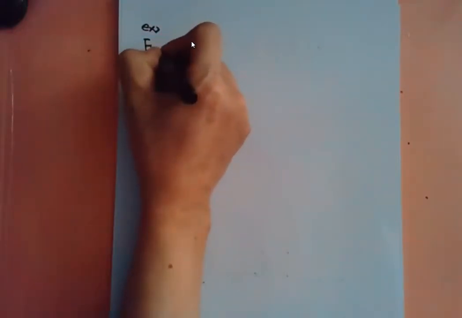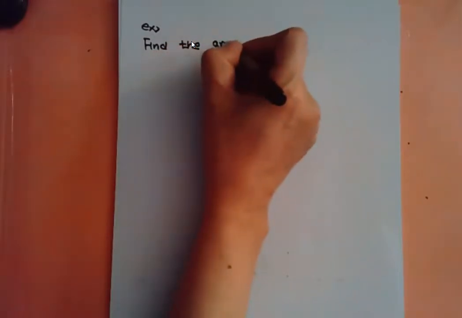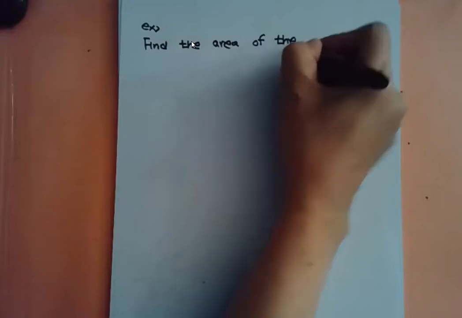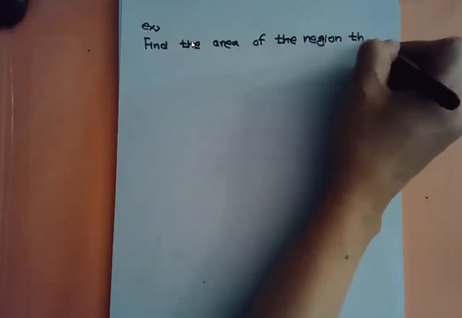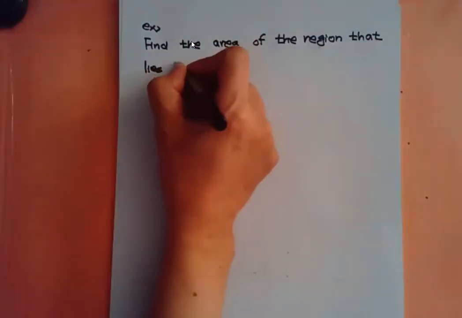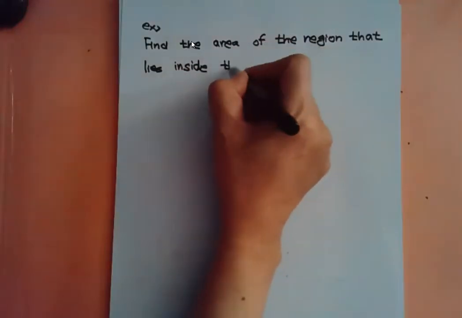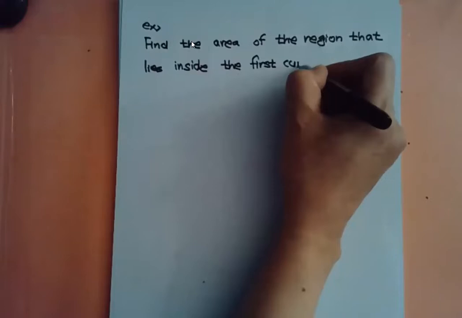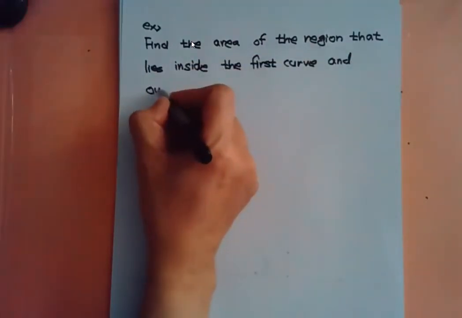Find the area of the region that lies inside the first curve and outside the second curve.